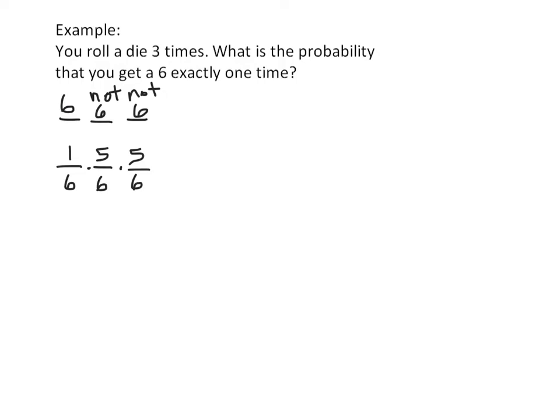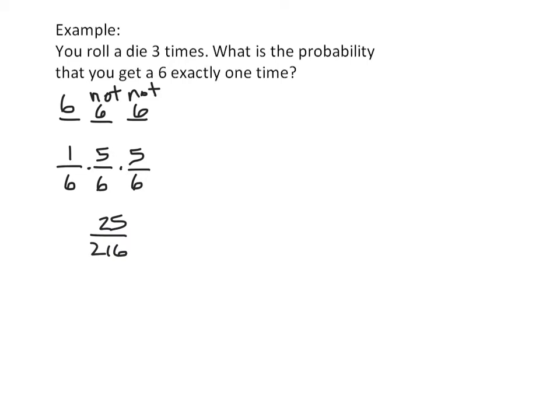Just a reminder, these are independent events. Your second roll is not impacted at all by your first roll. So if we multiply these, we would get the probability 25 out of 6 times 6 times 6, which is 216. But that's not our answer.